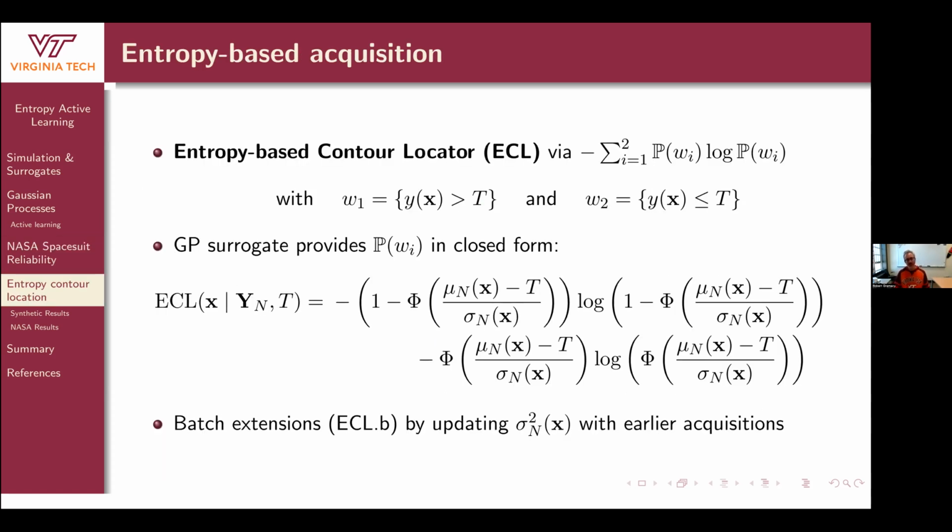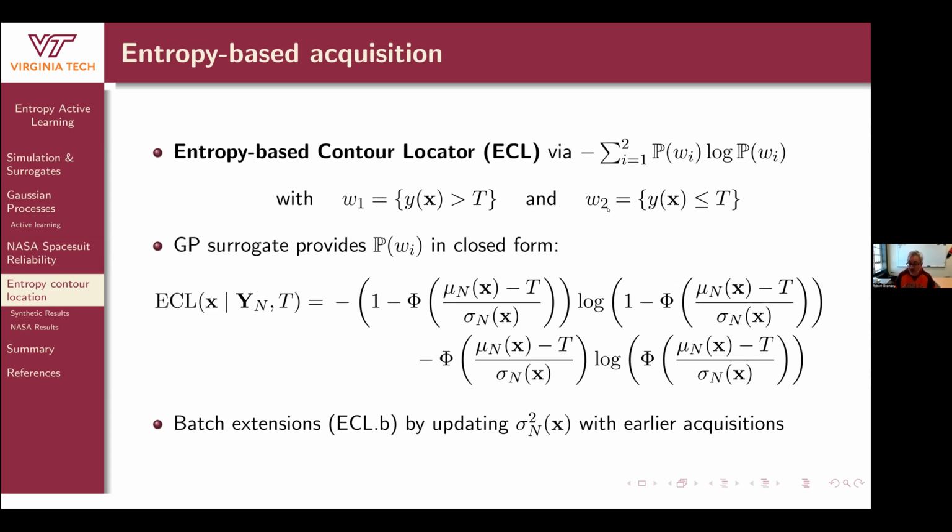All right, I want to tell you about the acquisition function that we used. It was based on entropy. And remember, the entropy formula was about an entropy calculation over sets. And we're using a very simple set of sets. There are only two, which means that one is the complement of the other. So set one was that the response exceeds the threshold, so it results in a failure.